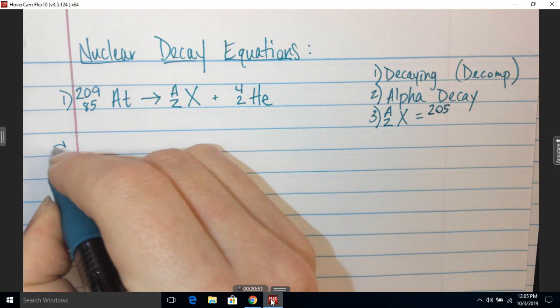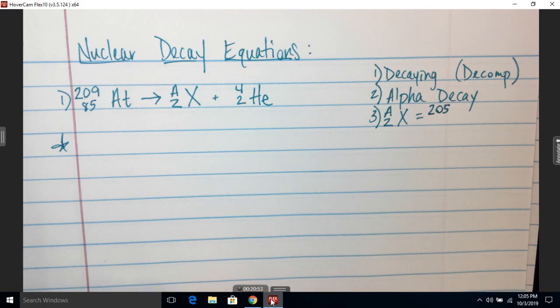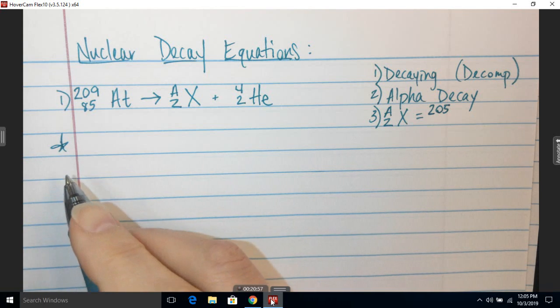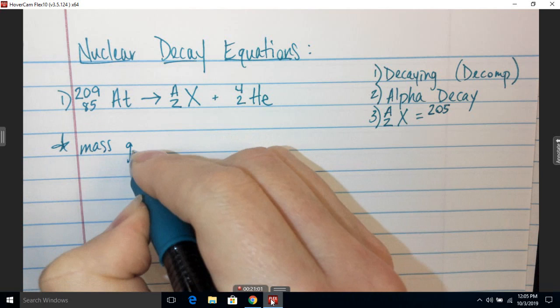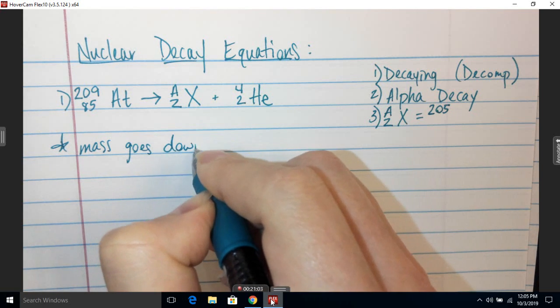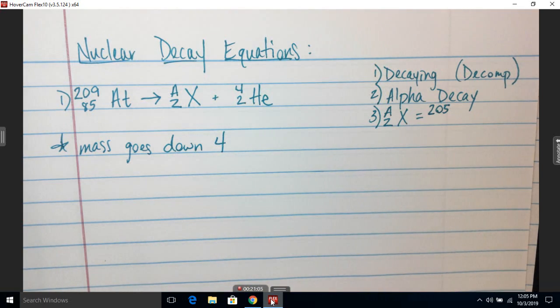So look, I'm going to put the rules right here. All of the things that I put a star by, you got to memorize for the test. Okay? So this rule is the mass goes down 4. Is that the only thing that's going to change? No. What else?